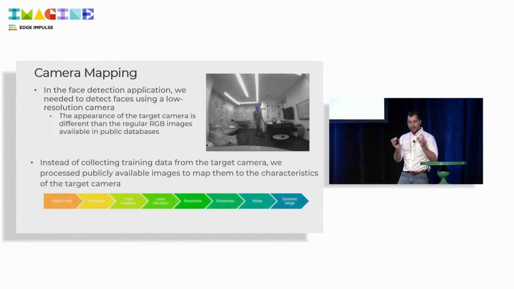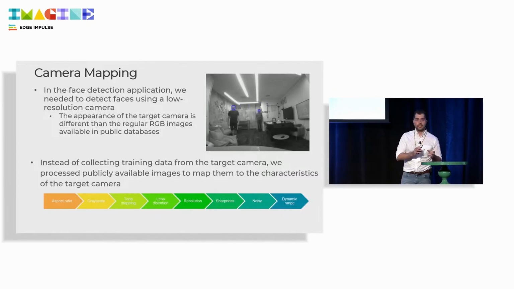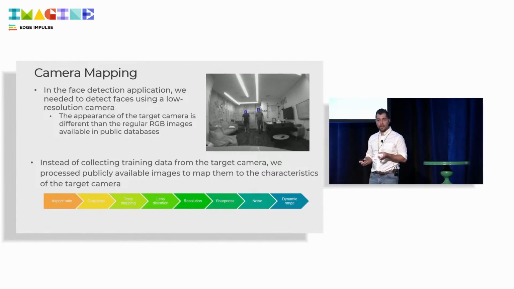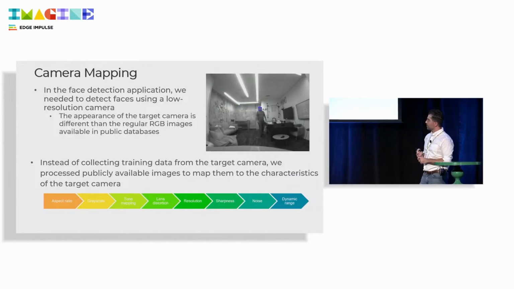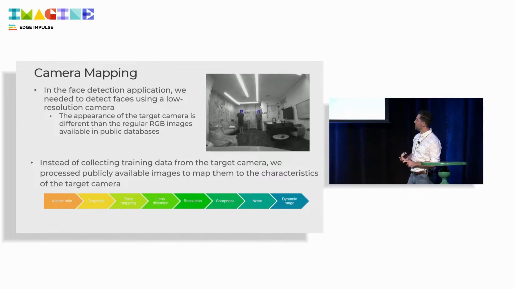So instead of collecting training data from the target camera, we decided that we can process the publicly available images to map them to characteristics that make them similar to the target camera. These are the operations that we apply. We control the aspect ratio, change the images to grayscale, change the tone mapping, add lens distortion, and change the resolution, the sharpness, the noise, and the dynamic range.